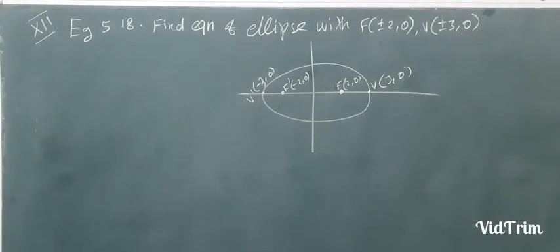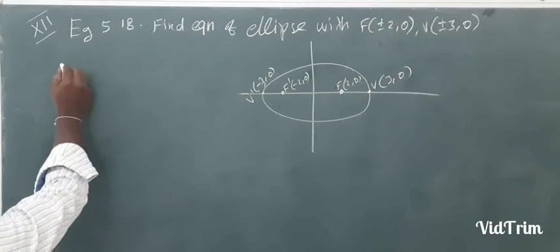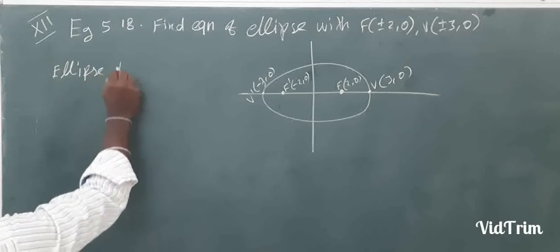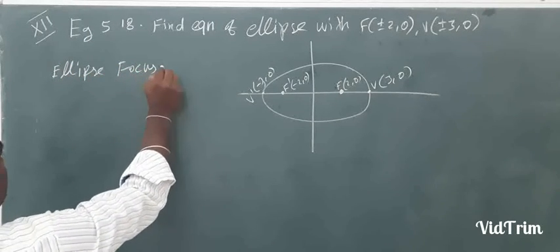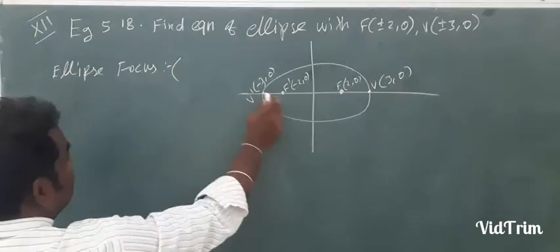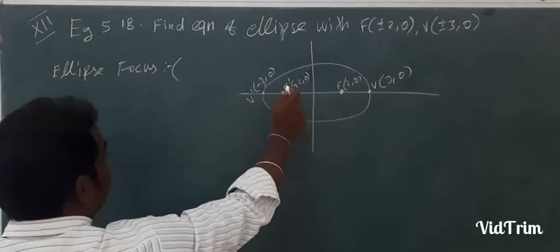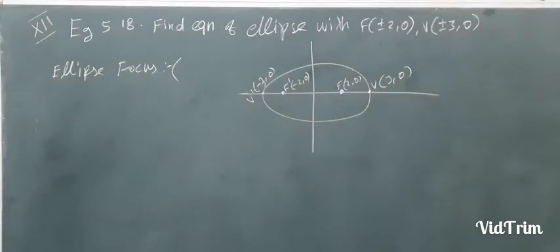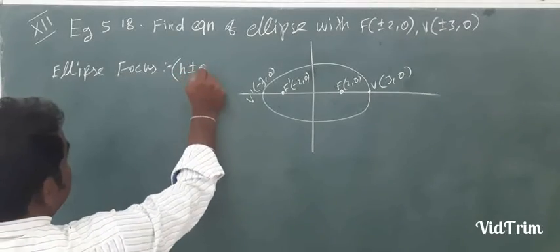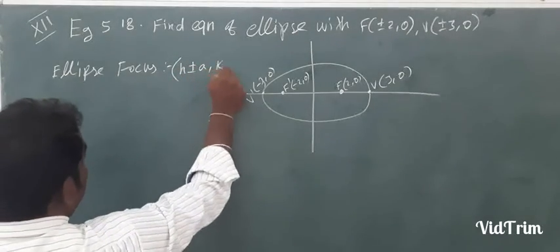But we have the general equation: the ellipse focus F dash is h plus or minus c comma k.